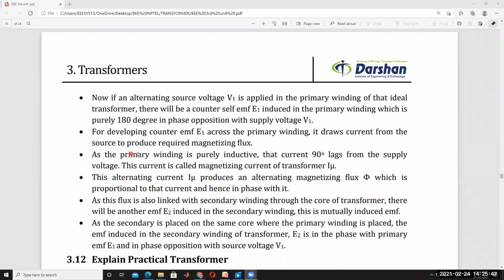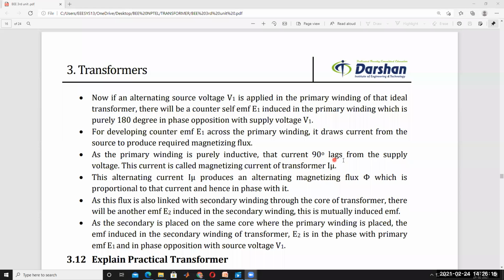Now consider that the primary winding is purely inductive, you know well. That current lags the supply voltage by 90 degrees. For an ideal transformer there is no resistance; practically some resistance is there, but ideally it is purely inductive.